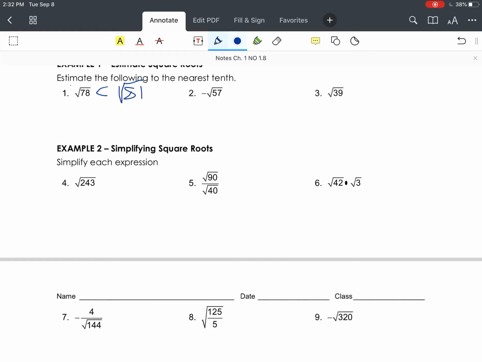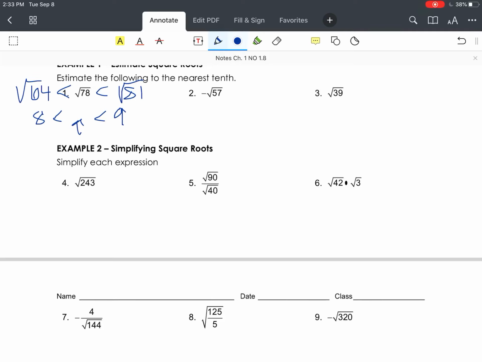So I can say that I know the square root of 81 will be bigger than it. And then it's also going to be larger than the square root of 64. So those are my 2 perfect squares that fit on either side of 78. The square root of 64 is 8, and the square root of 81 is 9. So my number here is going to be somewhere between 8 and 9.